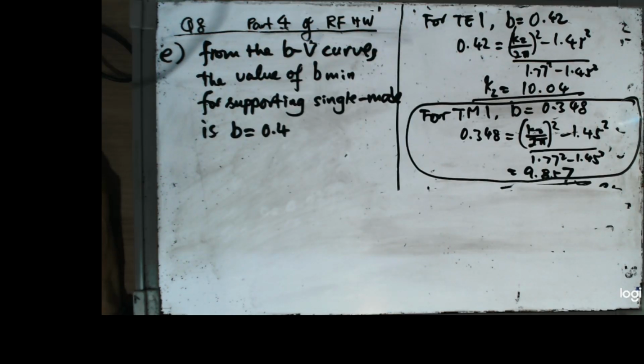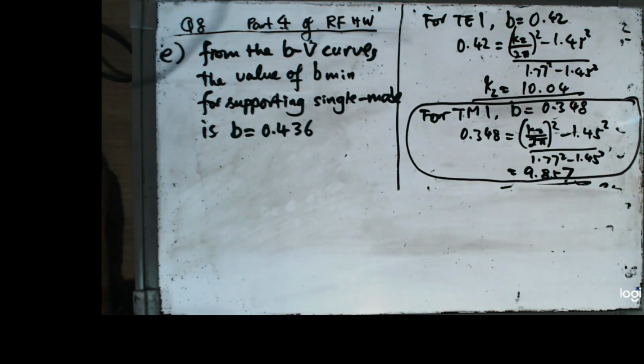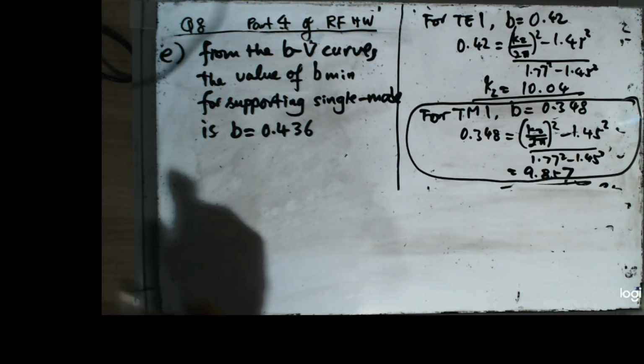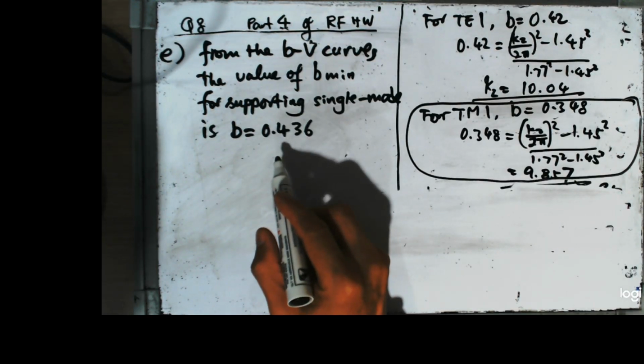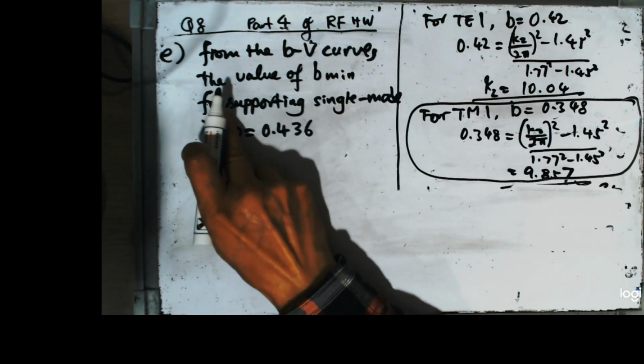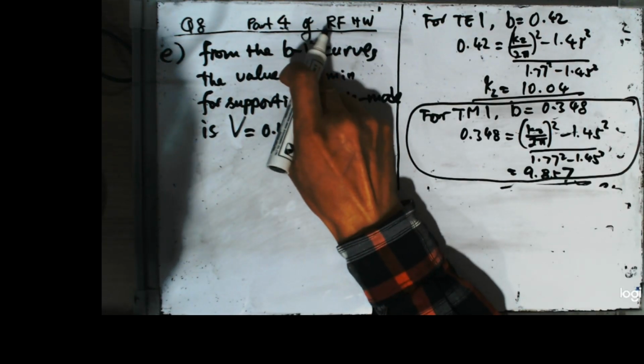So 4.36. So 4.36 is the value of V. Value of V minimum, sorry.